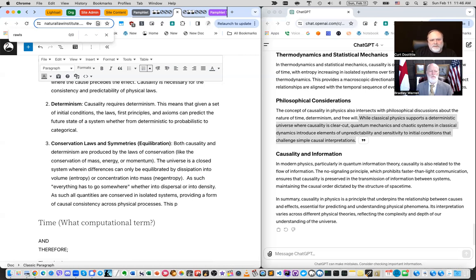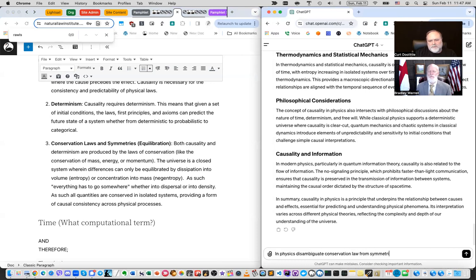Let's ask. In physics, disambiguate. Why can't I spell physics right there? Please disambiguate conservation laws from symmetries.